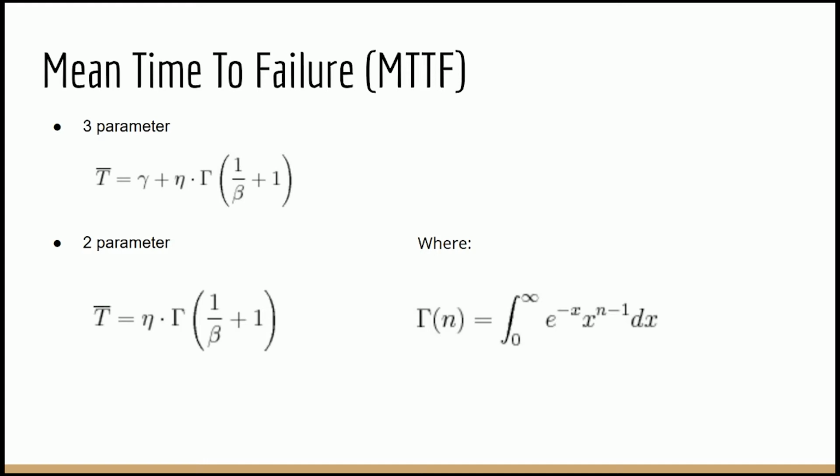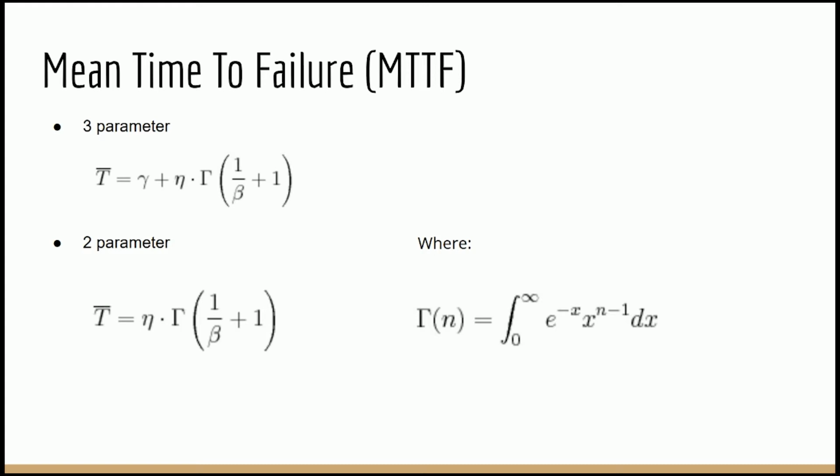The mean of the 3-parameter Weibull PDF is T-bar equal to lowercase gamma plus eta times the gamma function evaluated at 1 over beta plus 1. The mean of the 2-parameter Weibull PDF is very similar, where T-bar equals eta times the gamma function evaluated at 1 over beta plus 1. The only difference is that you do not need to add the parameter lowercase gamma.